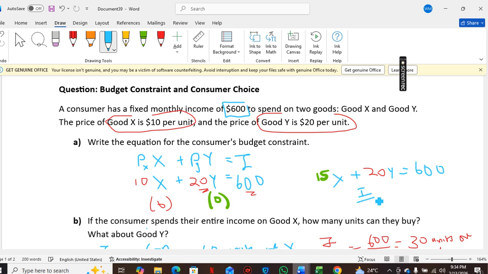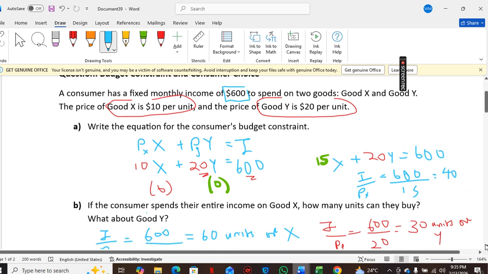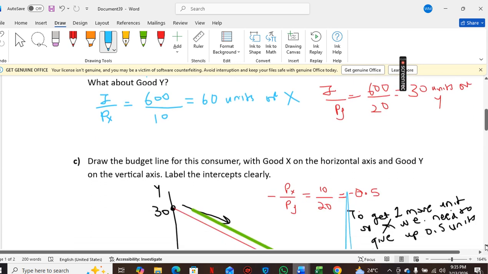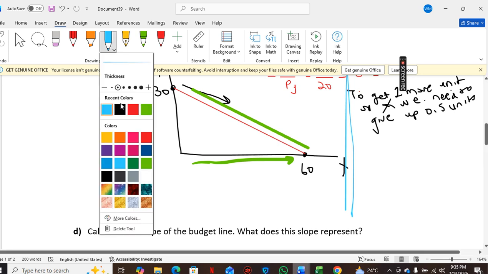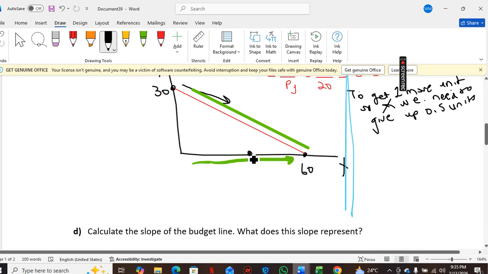is I over Px. So 600 divided by 15. Our new X-intercept will be here, 40 units.